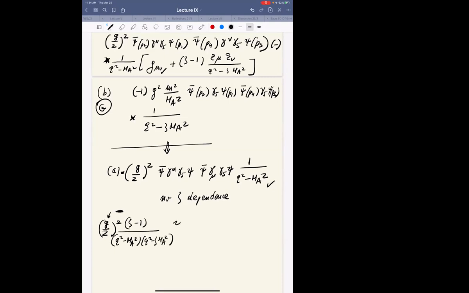And then psi bar p2, gamma mu q^mu, gamma 5, psi of p1, times psi bar p4, gamma nu q^nu, gamma 5, psi of p3.